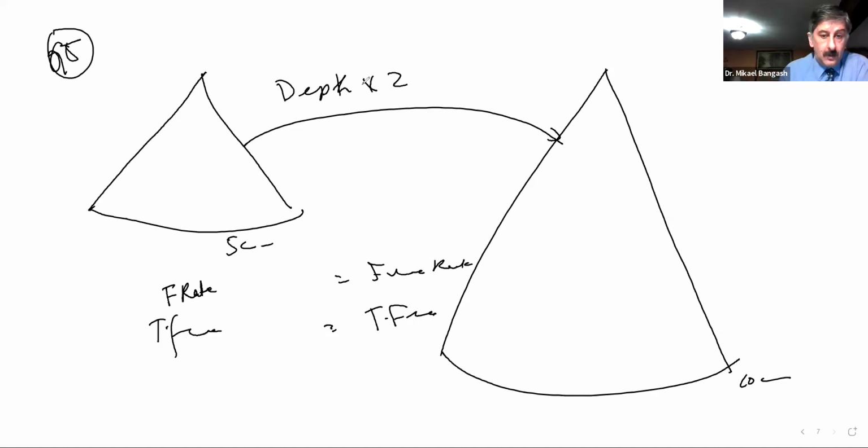Now, guys, the main thing that you would like to look for is something that would have caused a decrease in your T frame and or an increase in the frame rate. That's going to be the one that will be your answer.